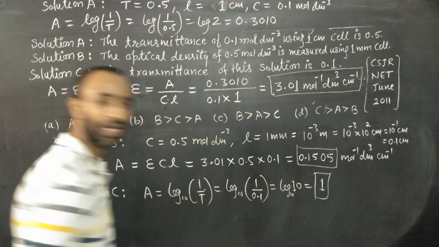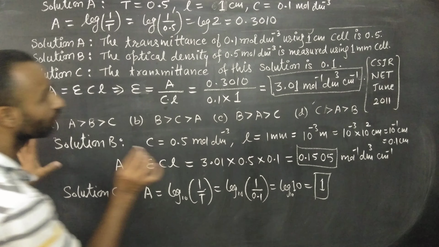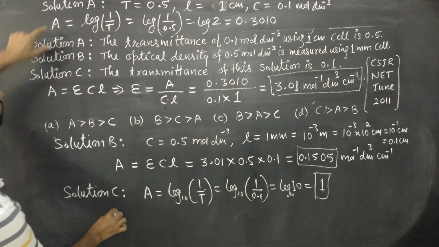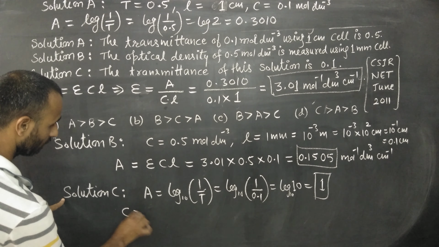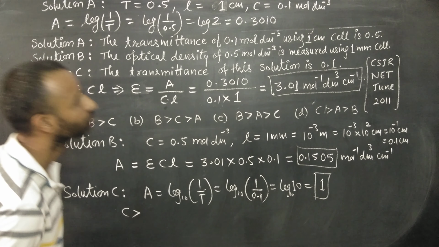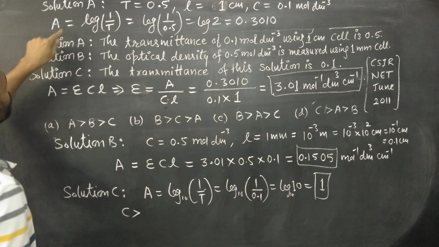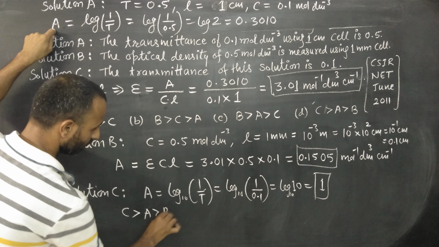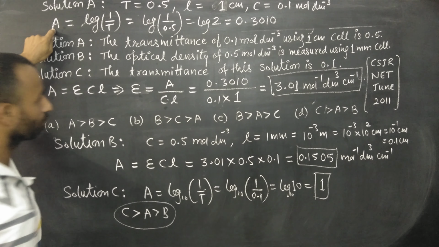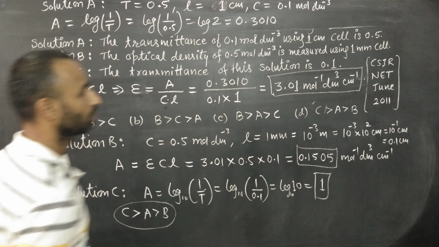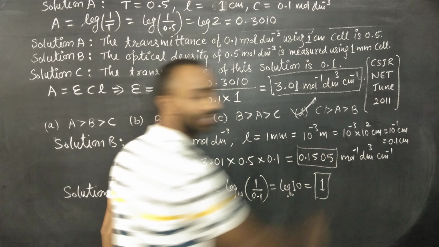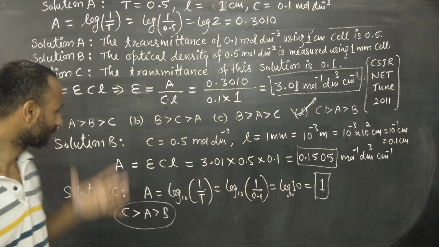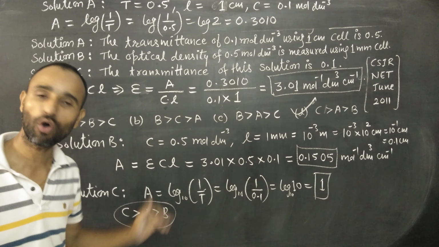The common log of 10 is 1. So in this way, the absorbance of C is maximum, then A, and then B. It is C A B, so option D is correct. It is a simple case of the Beer-Lambert law.